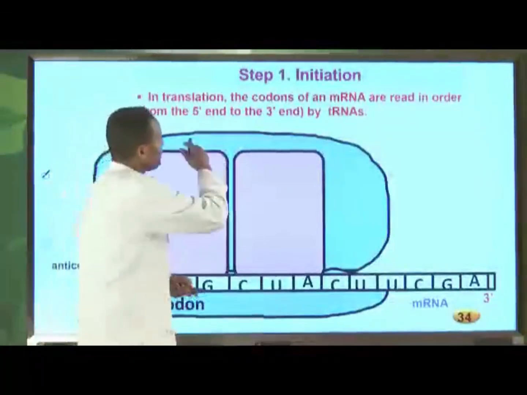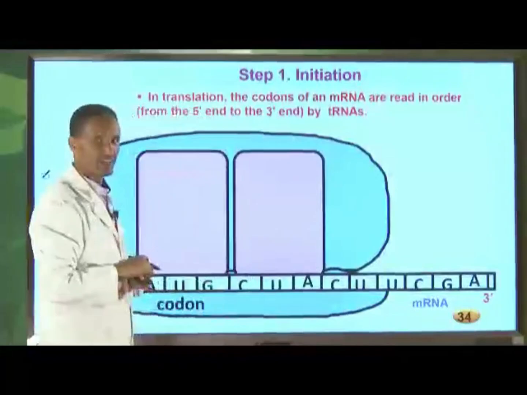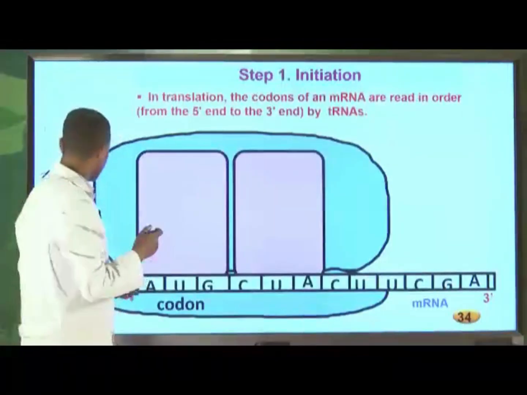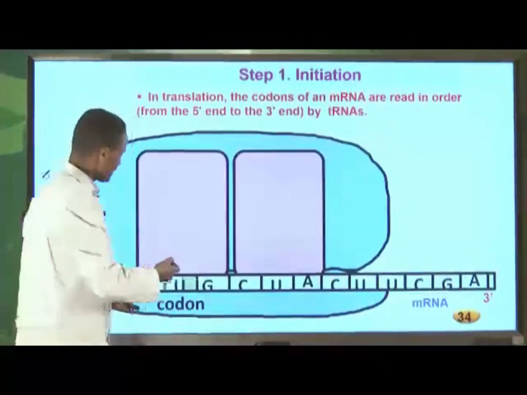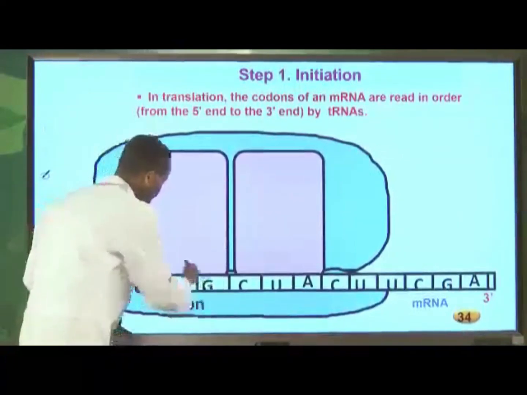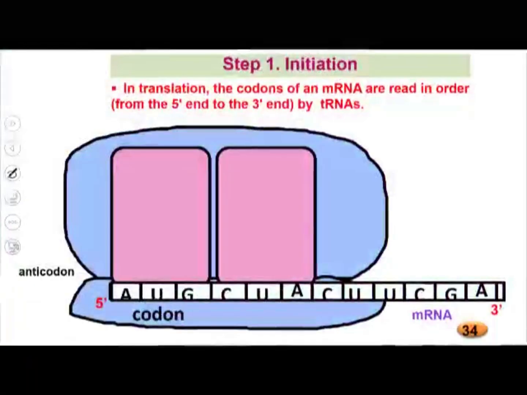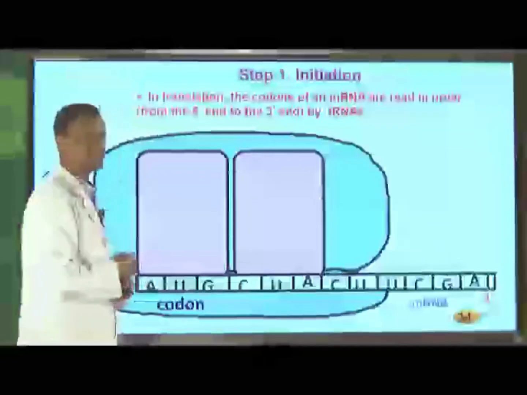Here, the first step of translation is initiation. These are the codons on messenger RNA, AUG. This AUG encodes for methionine, which is the initiator codon.